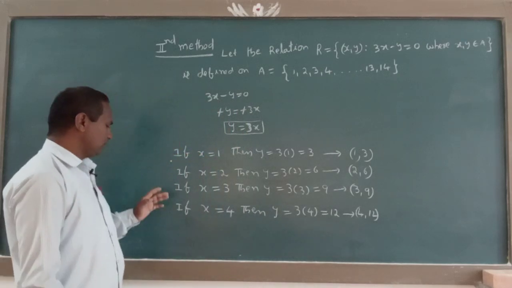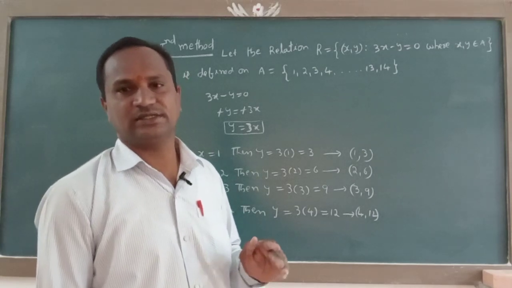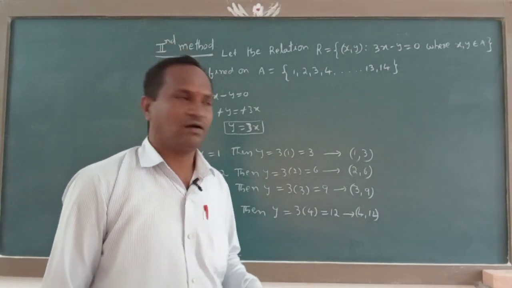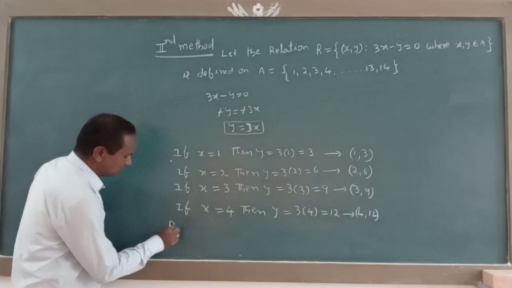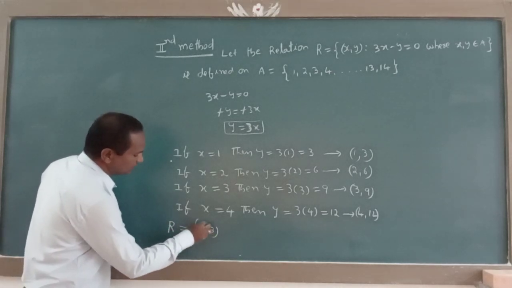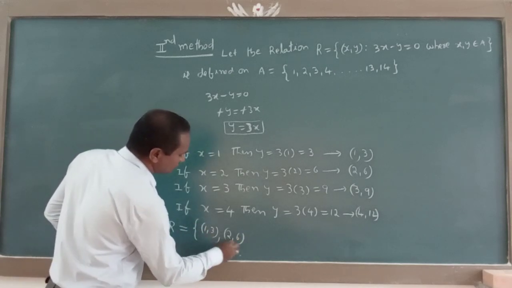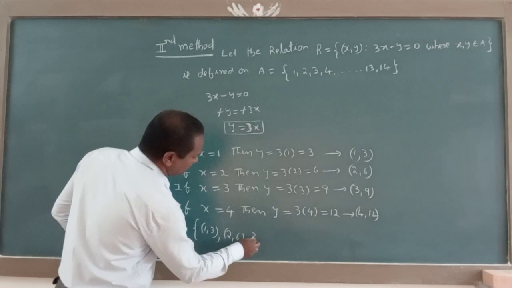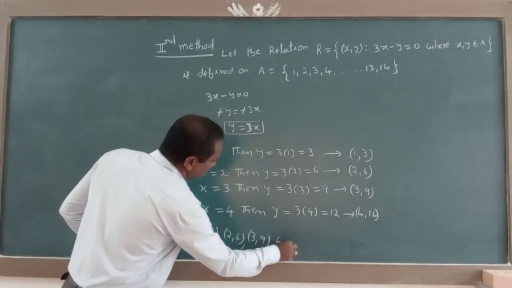And finally we attain the relation capital R. R is equal to the elements 1 comma 3. Next one is 2 comma 6. Next one is 3 comma 9. Next one is 4 comma 12.